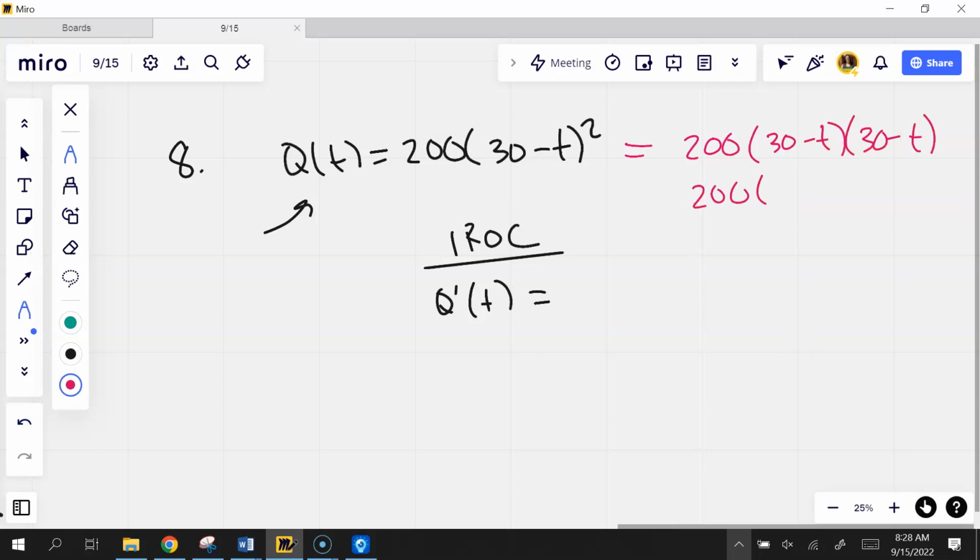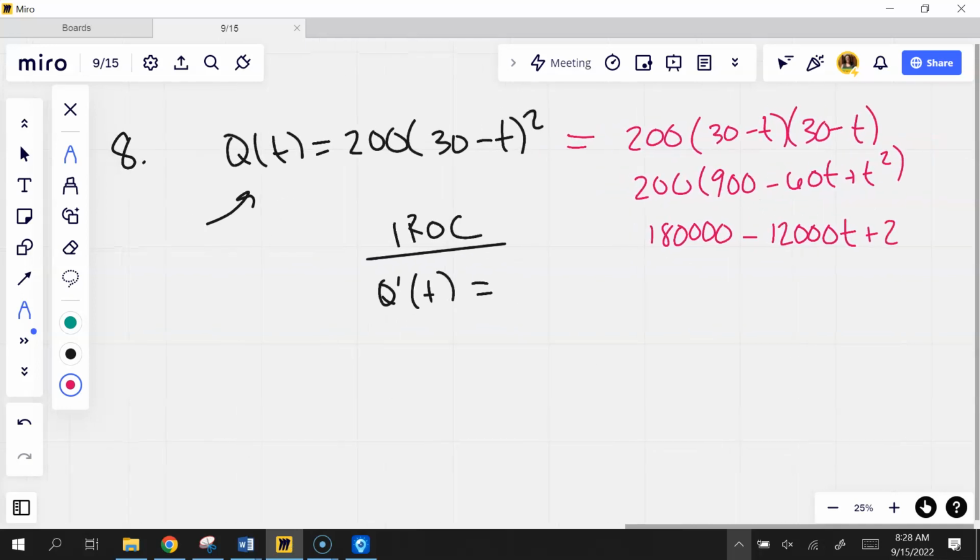So I got 200 times 30 times 30 is 900 minus 60t plus t squared. So that'd be... now can we find the derivative?